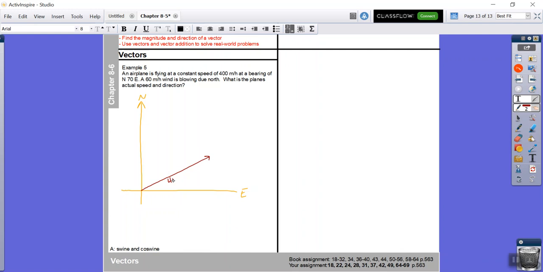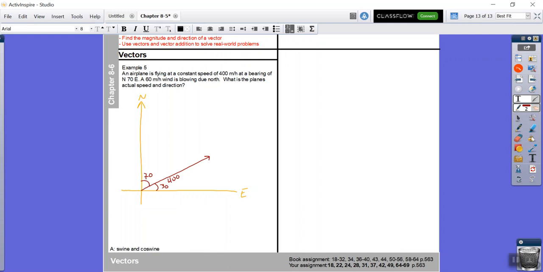So this is 400 miles per hour. And I know that this angle here is 70 degrees, which means this angle here is 30 degrees. So this vector that I've drawn is north 70 degrees east. And I'm specifying that that length, the magnitude, is 400 miles per hour.